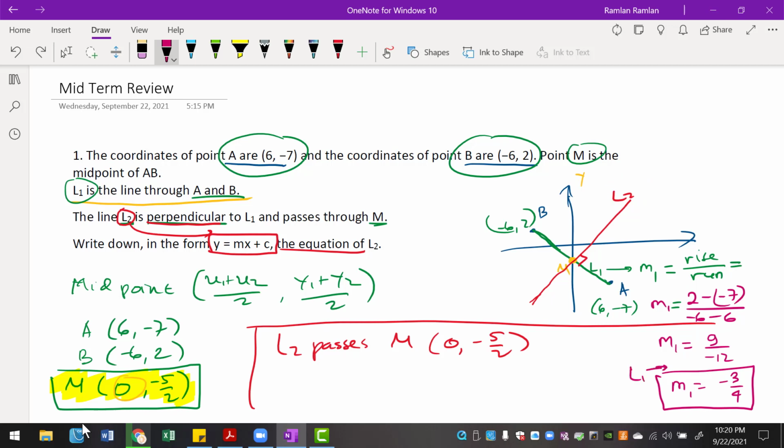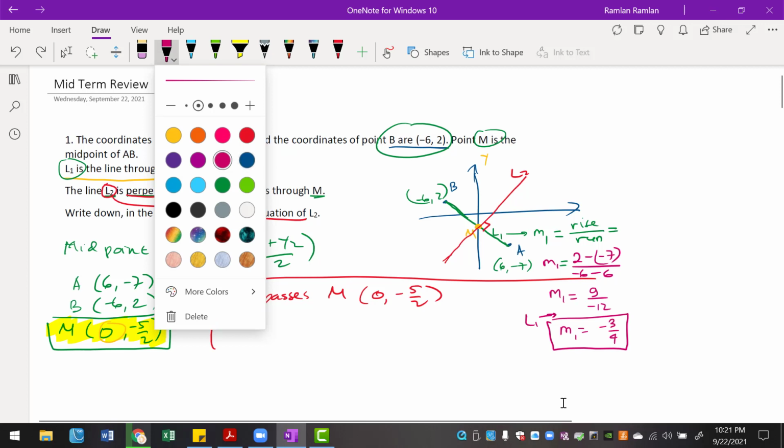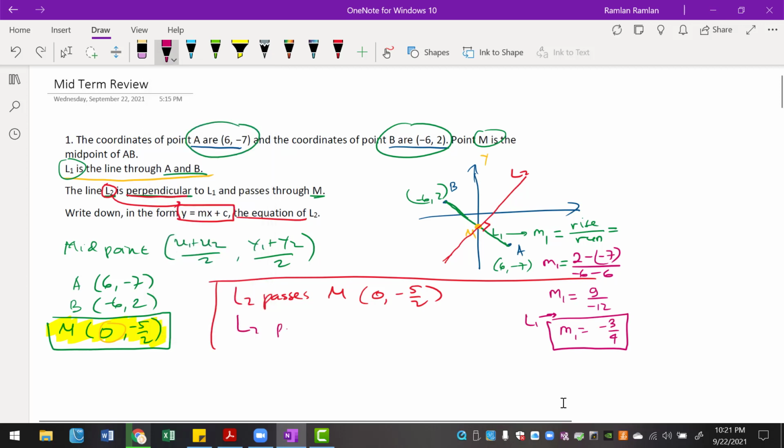Because we know that L2 is perpendicular to L1, M2 is going to be like this.